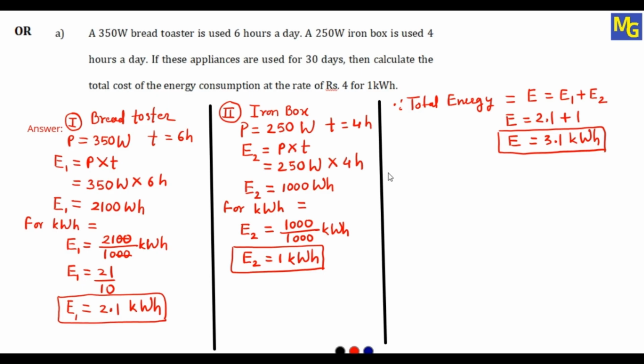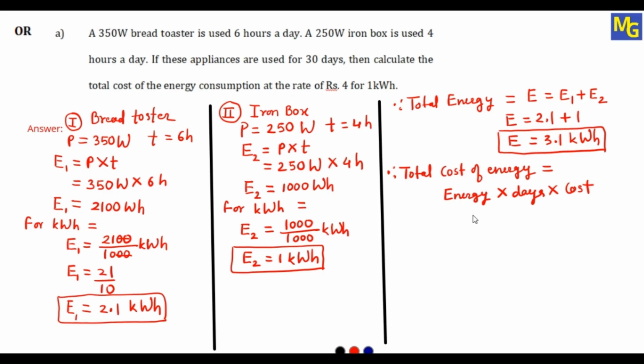So we got here total energy and now we have to find out the cost. For this I will write total cost of energy is equals to, what is the formula? Energy into days into cost.